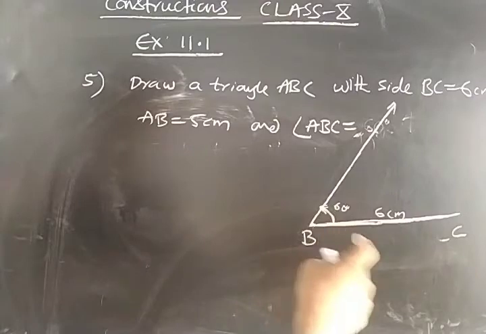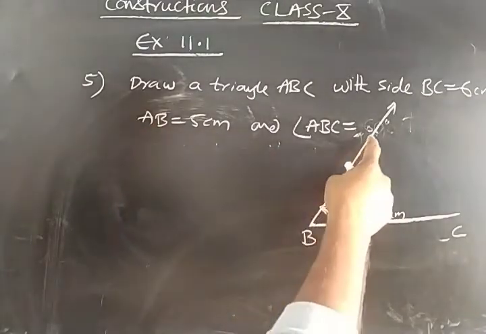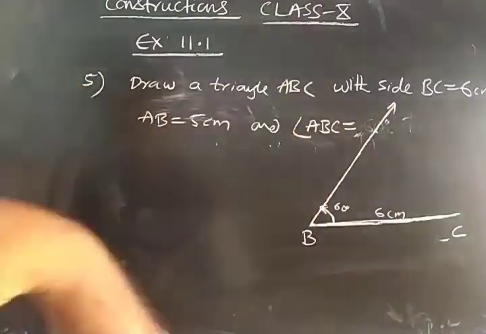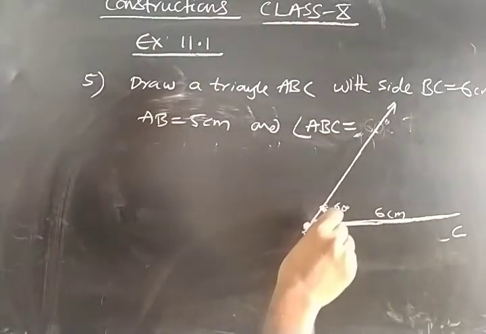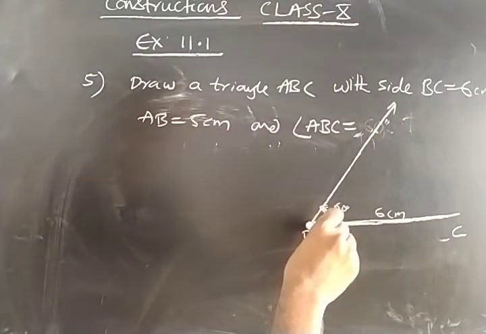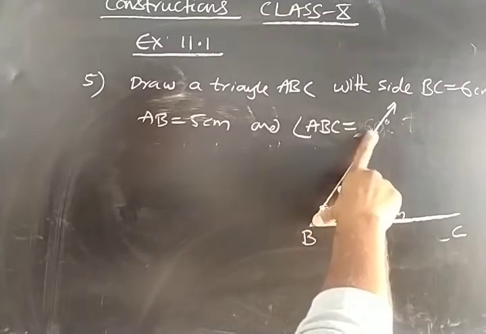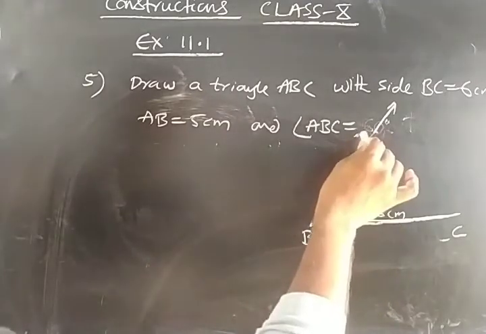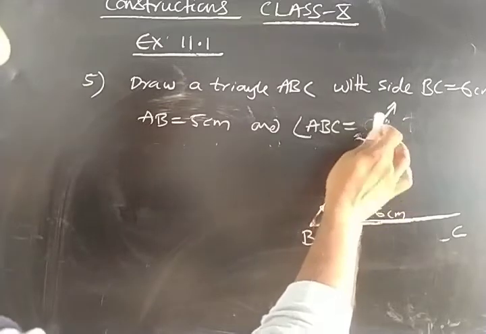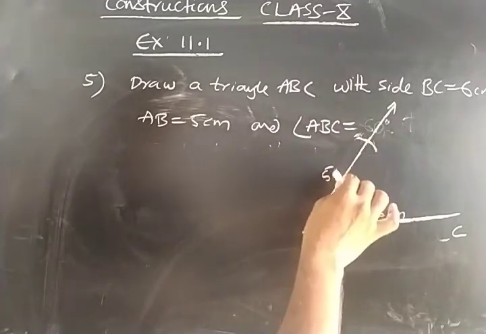After that AB is given. So AB somewhere it will be there. So AB is 5 centimeters. So taking B as center and 5 centimeters radius, cut this ray at somewhere. So I am cutting here, which is at distance of 5 centimeters.